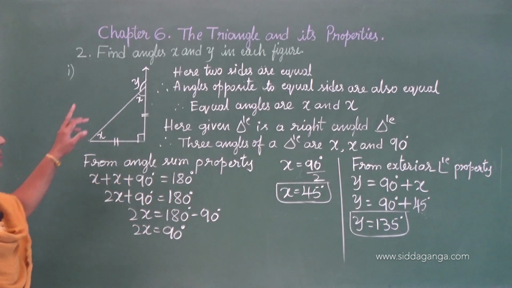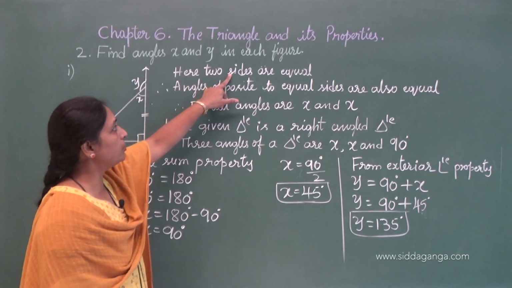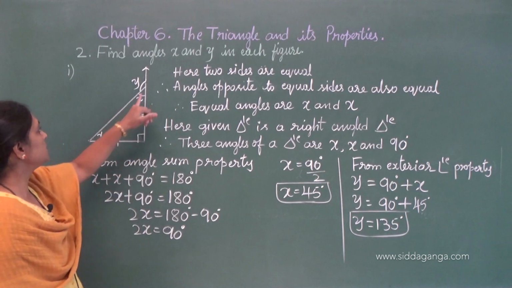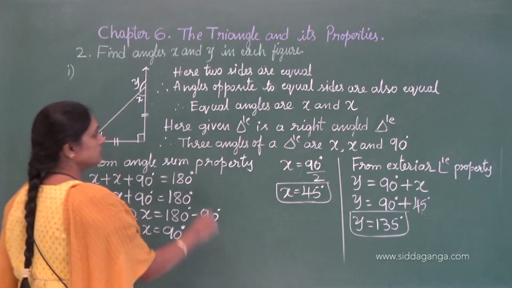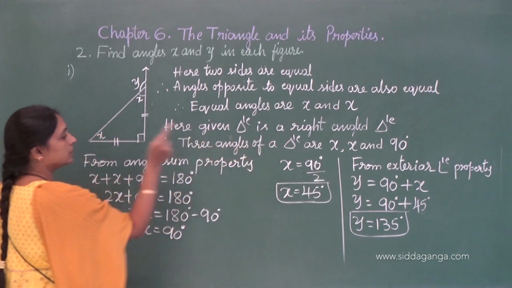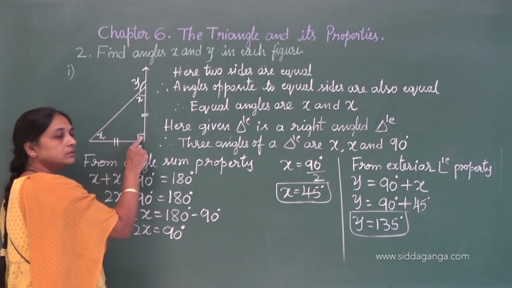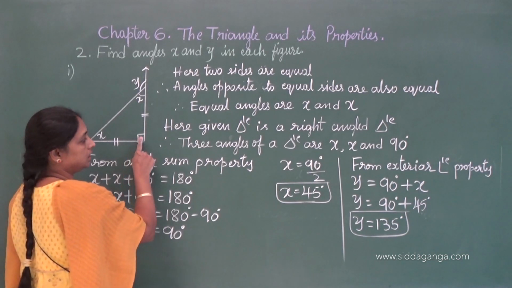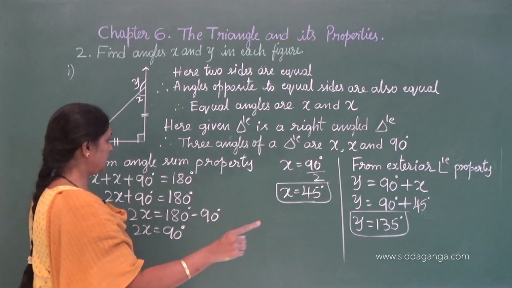So once again, glance at this. We used the isosceles triangle property here. Then we got these two angles are equal to each other. Equal angles are x and x. So the given triangle is a right angle triangle. How can we come to know? Here the symbol is given for 90 degree. Three angles of a triangle are x, x and 90 degree.